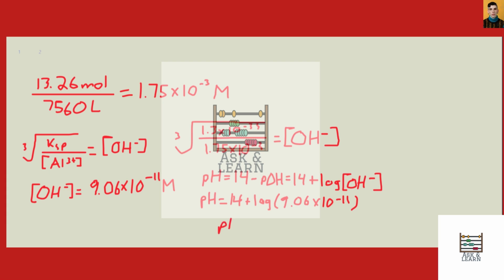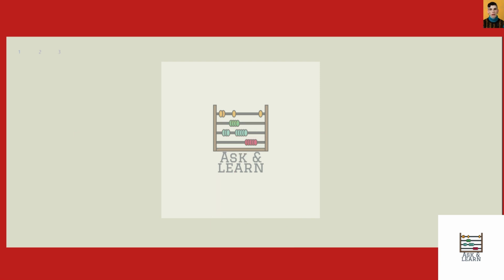So pH is equal to 3.96. So that's the pH at which aluminum hydroxide is going to precipitate. You can see that's actually a pretty acidic pH, so this would precipitate pretty readily.